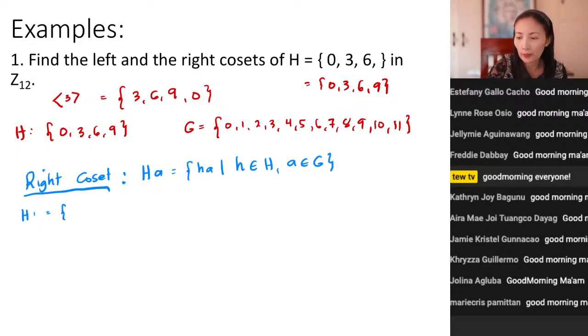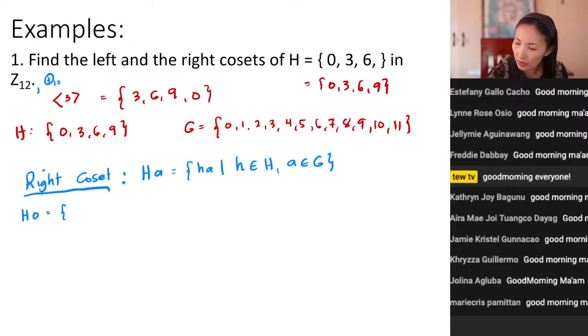take note that our operation here is addition. We are talking about the additive group Z sub 12, the set of integers modulo 12 with respect to the operation addition. So if we have H, we begin with 0.